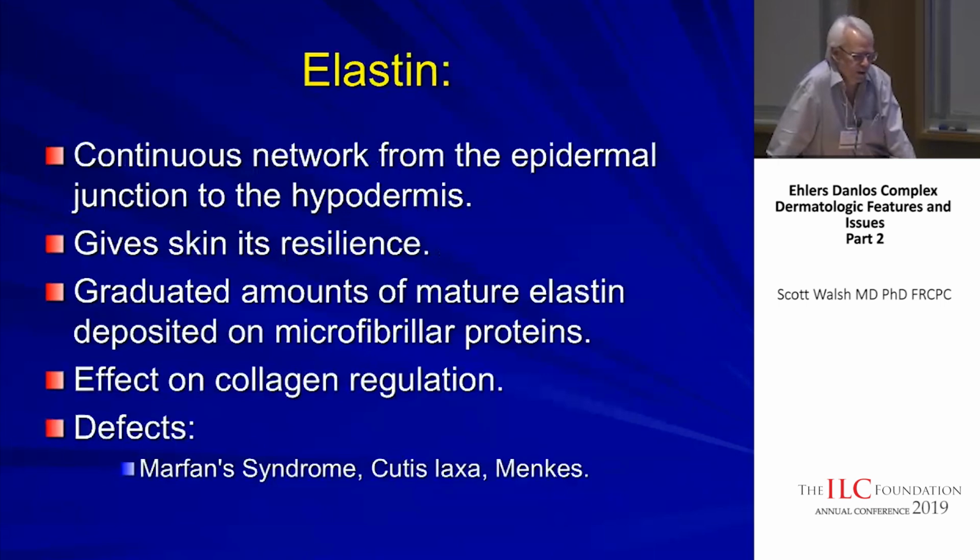Defects in elastin give us many different disorders, Marfan syndrome being a very famous one, cutis laxa being where you don't have enough elastin, so you have no snapback, so everything just sags. If some of the cofactors for elastin aren't present, like copper, then elastin doesn't form properly and you get syndromes like Menkes.